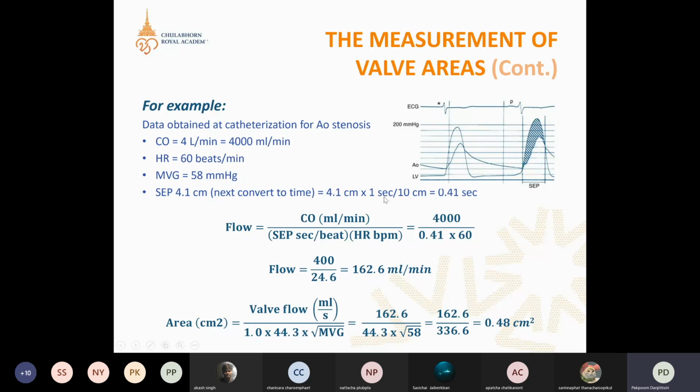The scale is 10 centimeters on the hemodynamic screen equal to 1 second. So you can use this to exchange the unit to seconds.